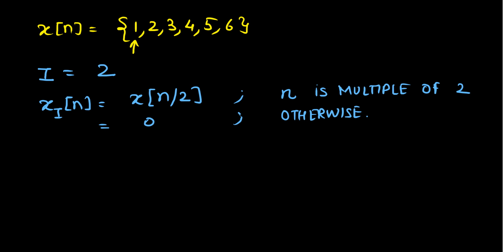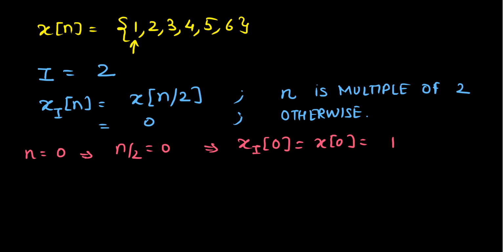So if we start with n equal to 0, then n by 2 is basically 0. Therefore xi of 0 is given as x of 0, which comes out to be 1.